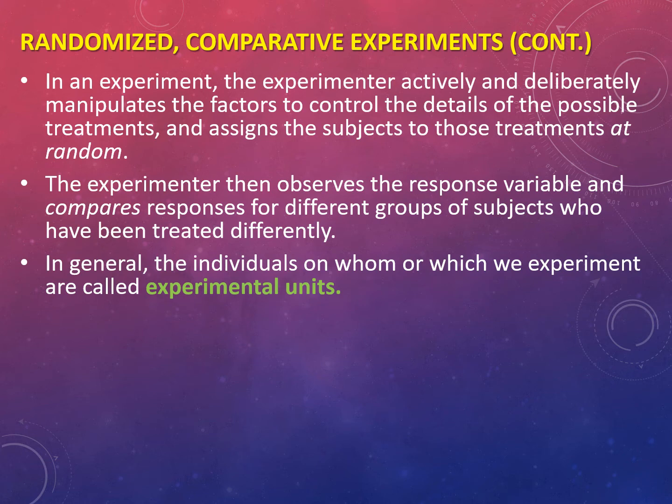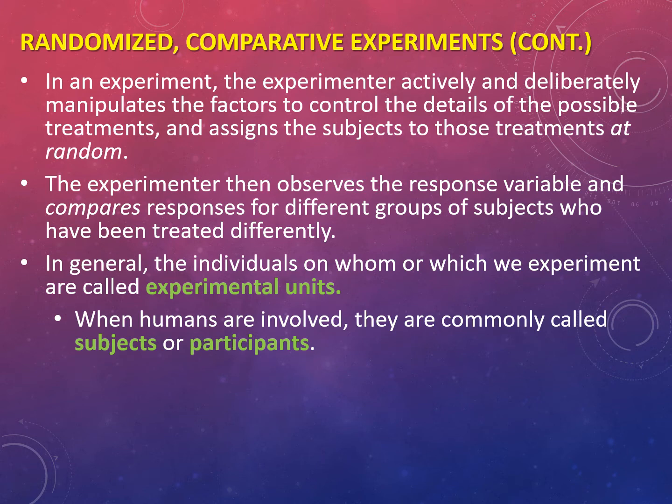So we have to identify who it is that's participating in this experiment. Remember, the who is the thing that you're measuring. The who in this case could be our experimental units. If we're talking about people, we typically call them experimental units, but they can also be called subjects or participants.